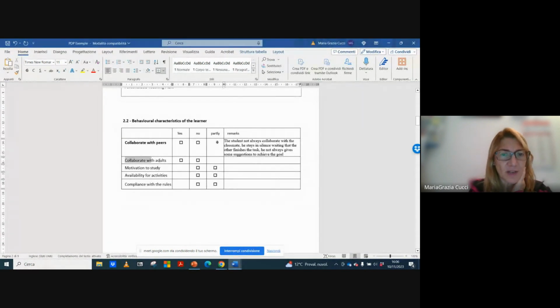Then collaborate with adults. Maybe also in this case, we can say partly.